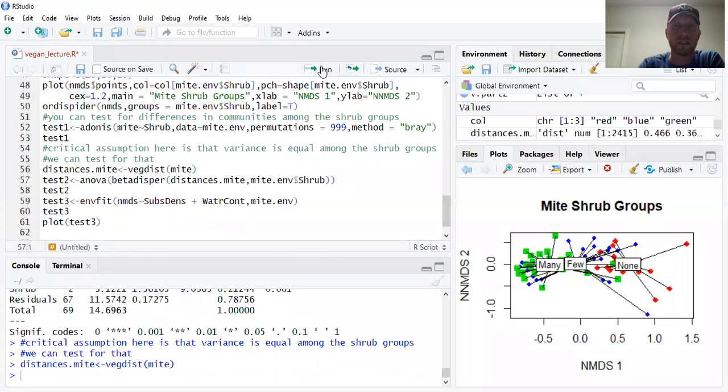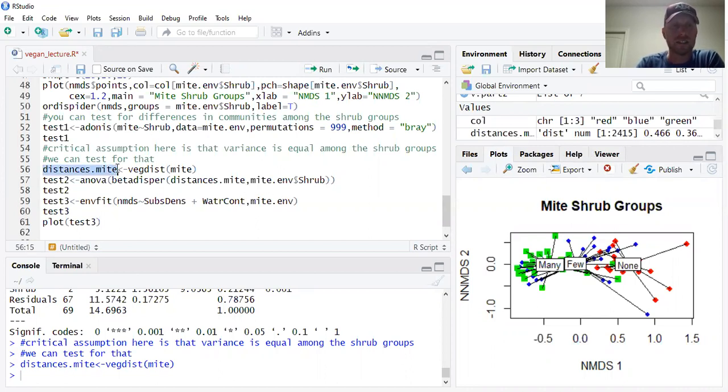So I'll run that, and we get this object called distances.mite, and there's 2,415 pairwise comparisons. Here's between the first two. We get a Bray-Curtis distance of 0.46, and so on. Remember, those Bray-Curtis values will range between 0, which means identical communities, towards 1, which would be complete turnover.